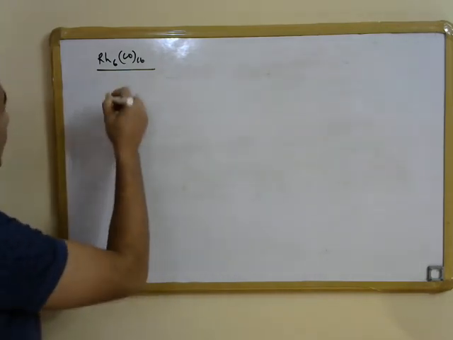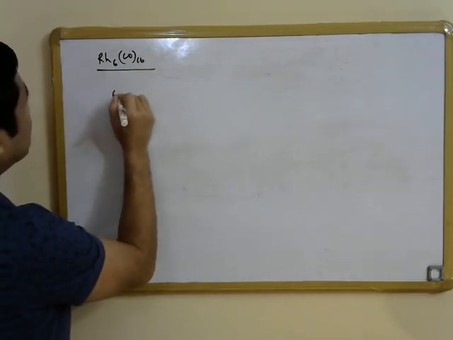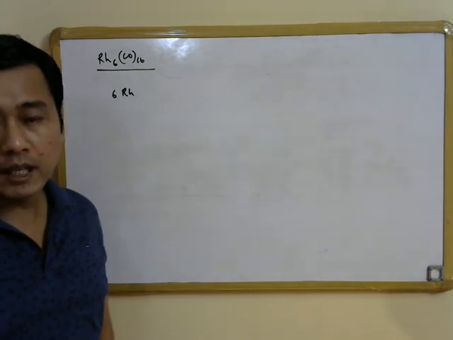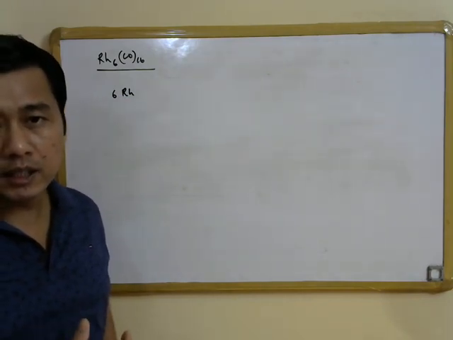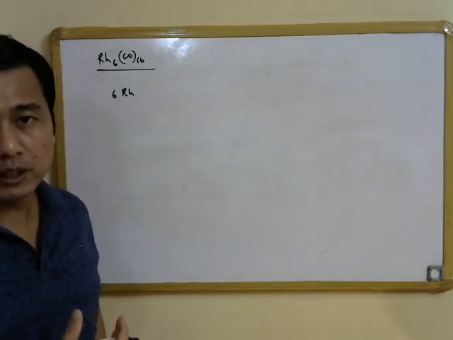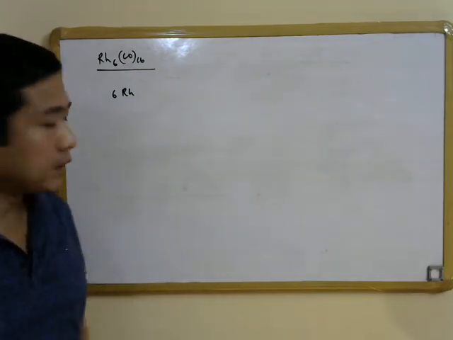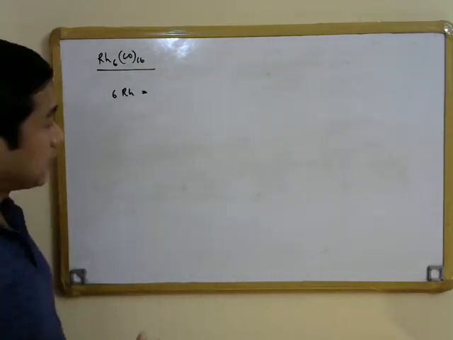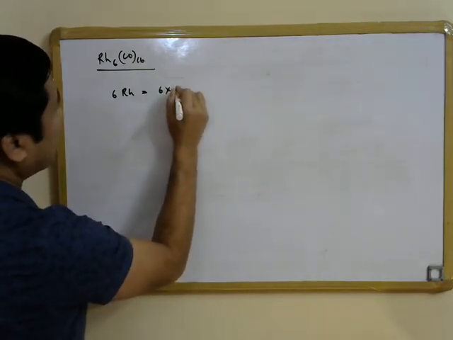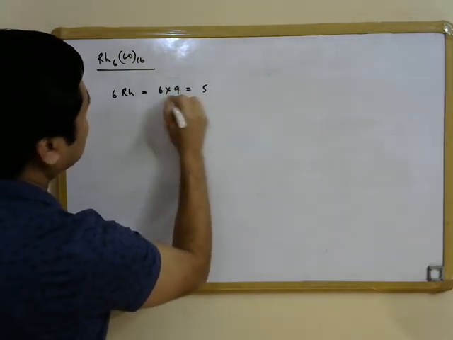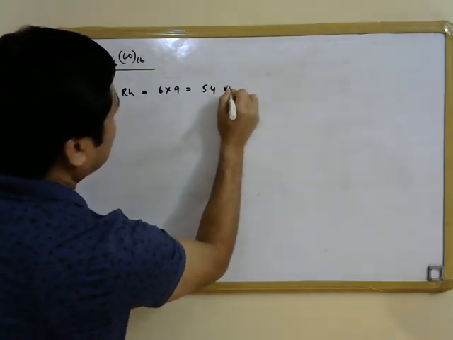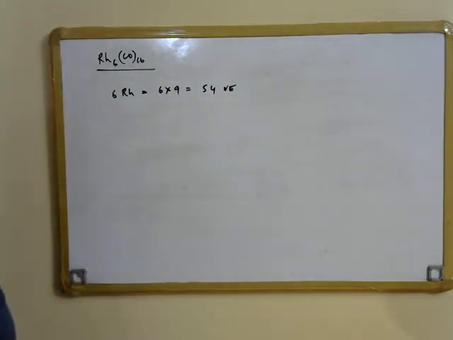So we have 6 rhodium. Rhodium is a group 9 element, a cobalt group element, and there are 9 valence electrons in rhodium. So each of these rhodium atoms has 9 valence electrons. So 6 into 9, which is equal to 54 valence electrons from the 6 rhodium centers.